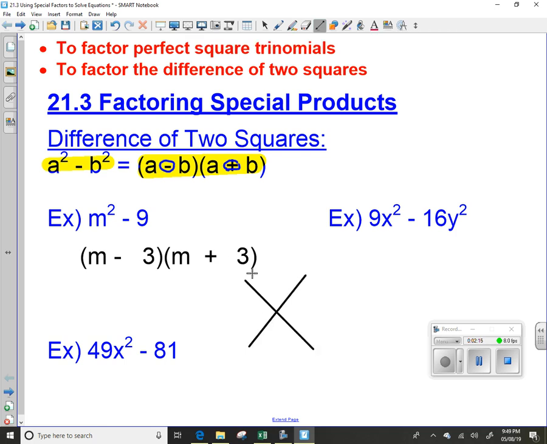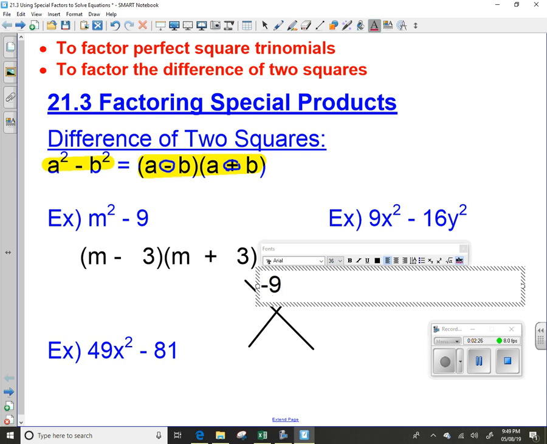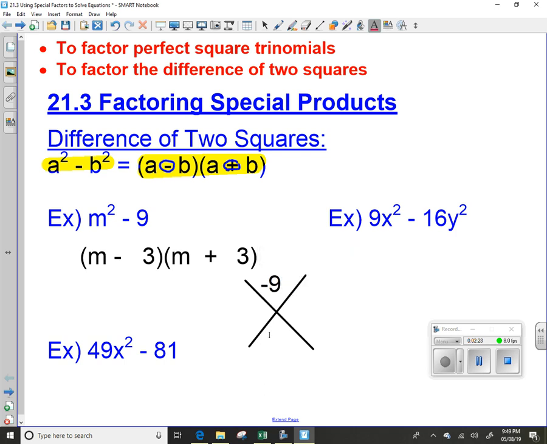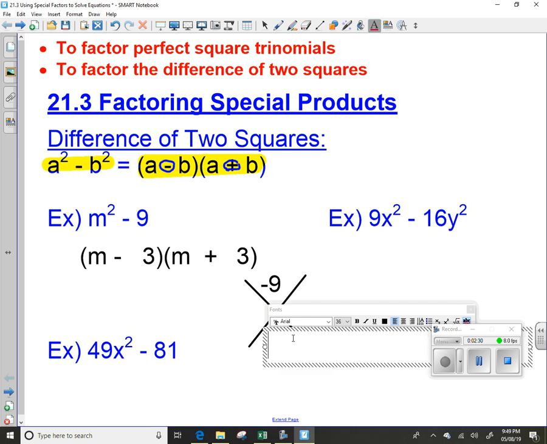Now I just said I would also show you how you would do this using your X method. So if I try to do that X method from the last two stations, in this case my 1 times my negative 9, that AC value, my negative 9, would go in the top of my X. But when I go to look at my B value, I don't have a B value. And so my B value would be 0.